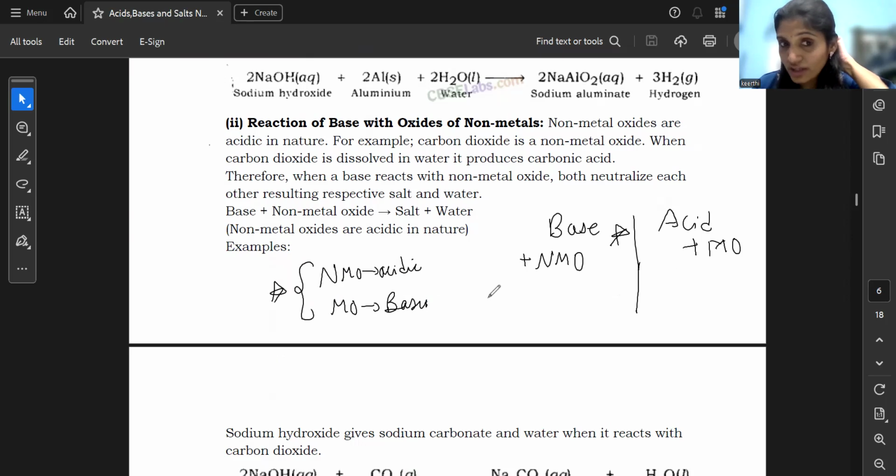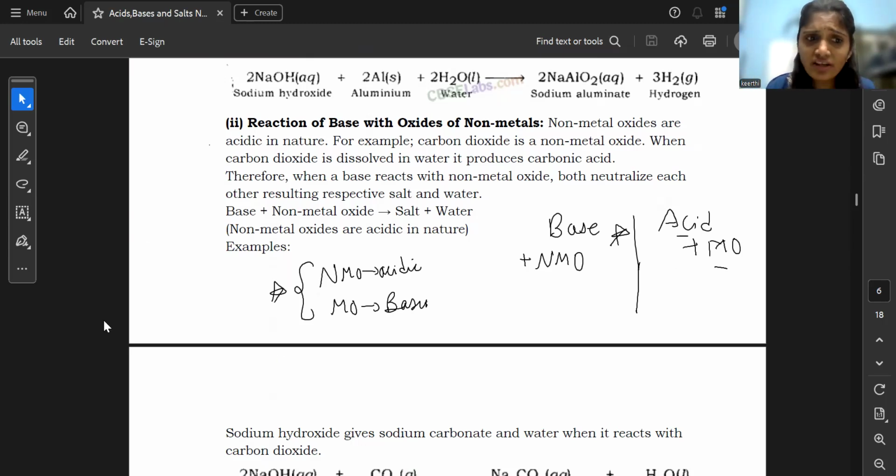Non-metal oxides are acidic in nature, metal oxides are basic in nature. A base will obviously react with non-metal oxides only because they are acidic in nature. A base cannot react with metal oxide, because metal oxide also is basic in nature. Acid will react with metal oxide because metal oxides are basic in nature. Clear? So base reacts with non-metal oxide, acid reacts with metal oxide.